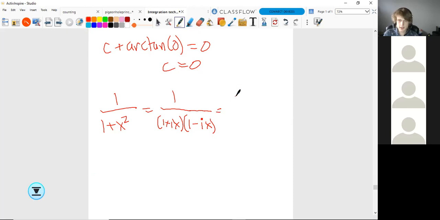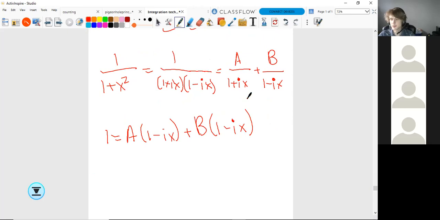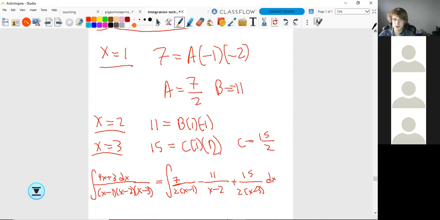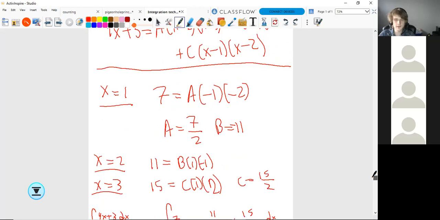So we want that to be written as a over 1 plus ix plus b over 1 minus ix. And so we can solve for a and b as 1 is equal to a times 1 minus ix plus b times 1 plus ix. So I guess before I said we would solve that partial fraction decomposition in 2 ways, the easy way and the way that always works. We did it the easy way here, where you just plug in convenient values of x.